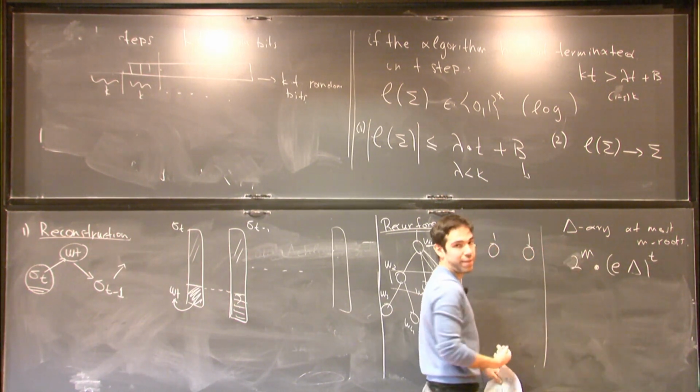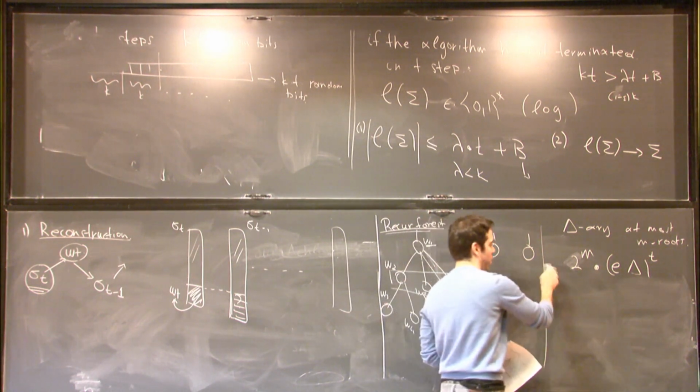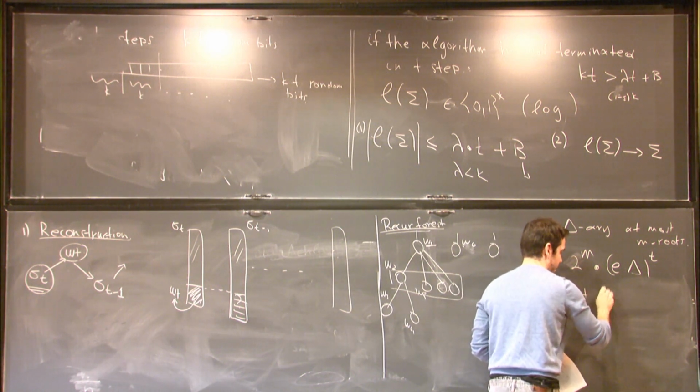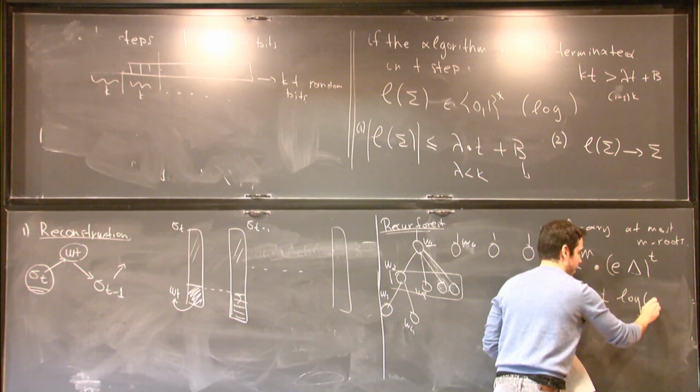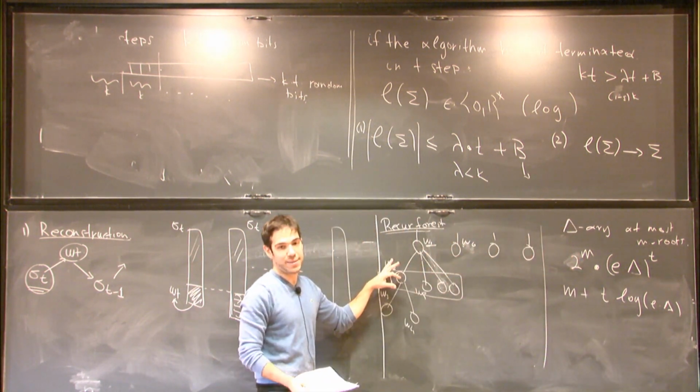This is what I'm going to show you. So I would like to take the log of that, so this would be m plus t times log of e times delta bits to encode a thing like this.